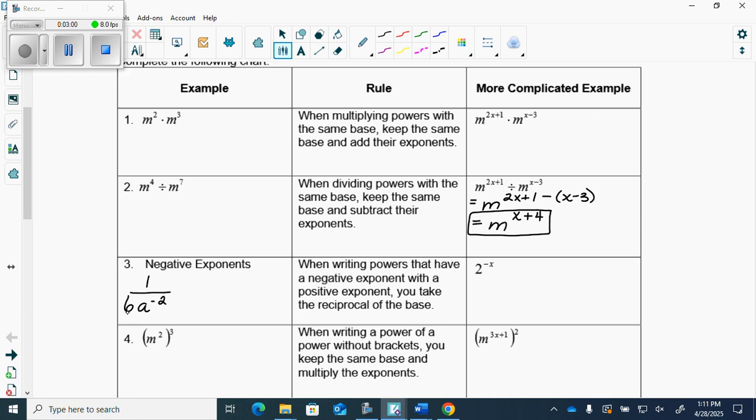That a and that 6 are not attached. That's a multiplication symbol, right? So if I want to move this a and make it positive, I can move it to the numerator, but that 6 stays. So I'm going to end up with 1 over 6, and the a to the negative 2, when it moves to the numerator, becomes a to the 2. It becomes the opposite sign.